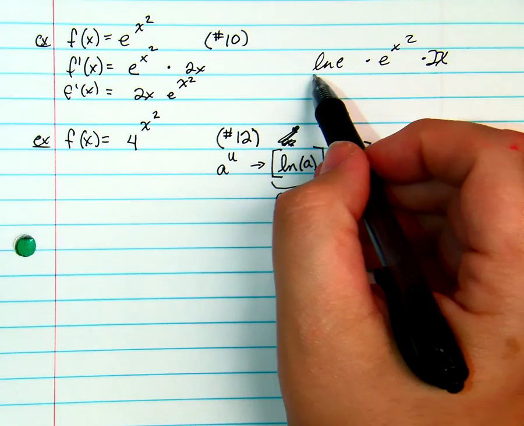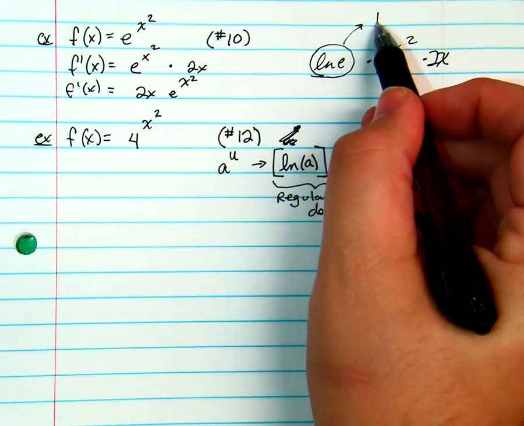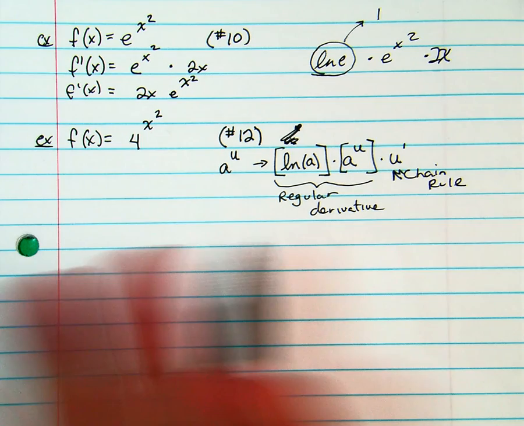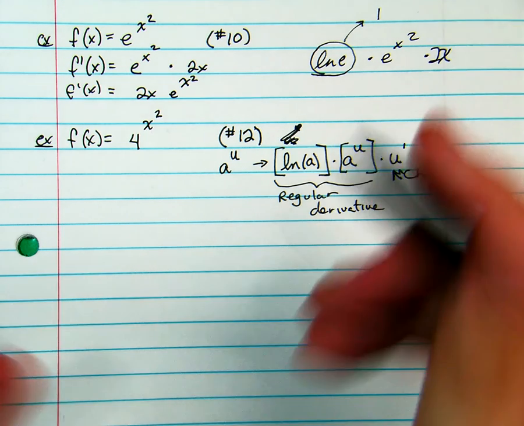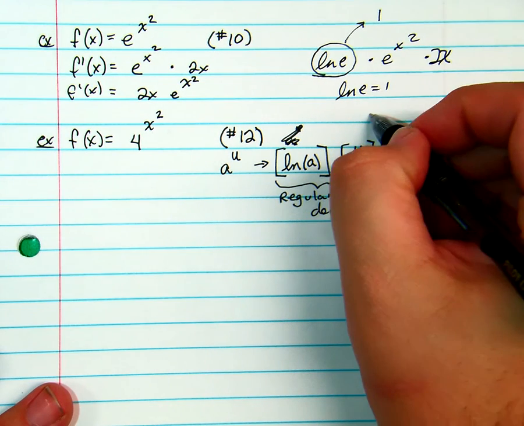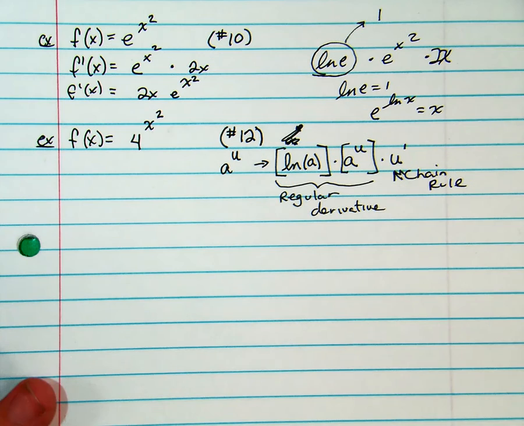What's the natural log of e? That's 1, because natural log and e are inverses of each other. If you have the natural log of e, that's equal to 1, and e to the natural log of x is equal to x.